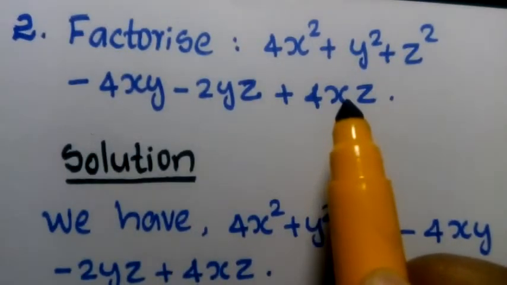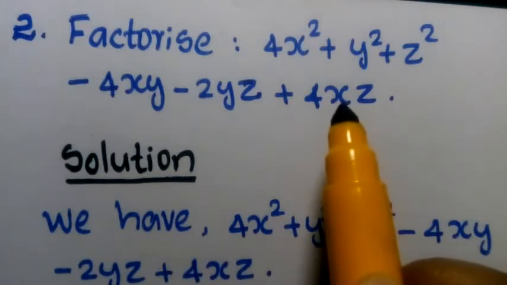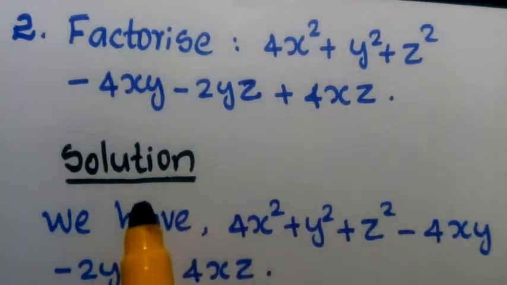So, the given expression is the expanded form of the identity (a + b + c)². So, we need to find a, b and c. Solution. We have 4x² + y² + z² - 4xy - 2yz + 4xz.